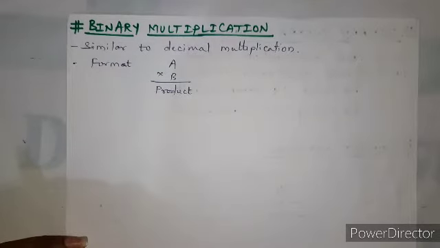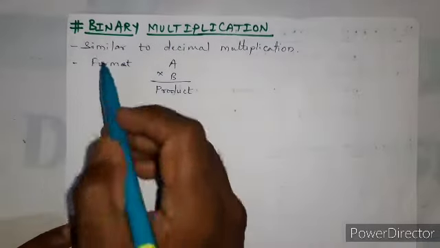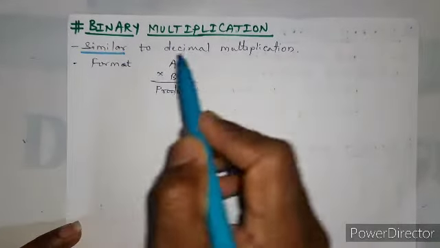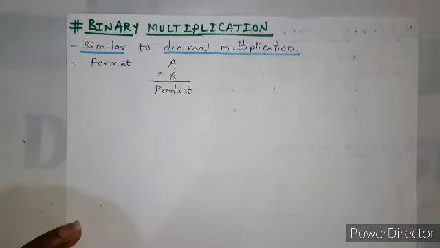But instead of directly going to binary subtraction, I'll first cover binary multiplication, which is very easy. As it is written, binary multiplication is very similar to the decimal multiplication which we have all the time seen.